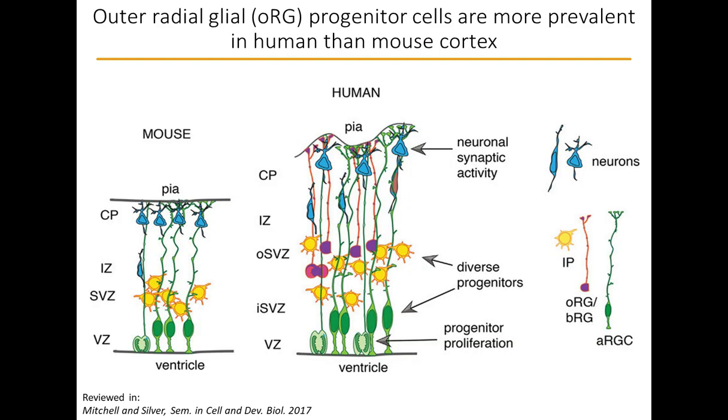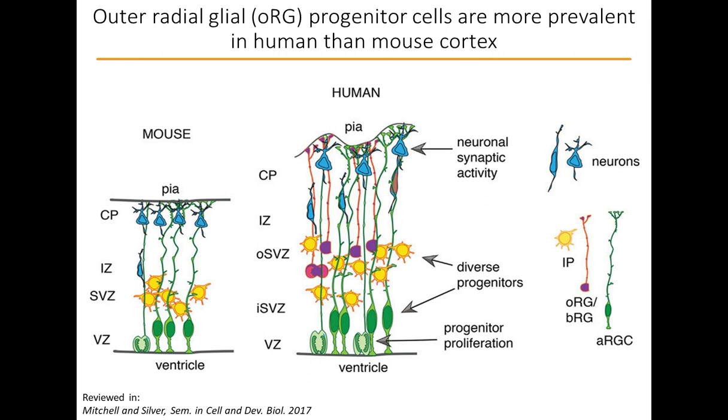This feature develops from a radial unit hypothesis, so neural progenitor cells proliferate and give rise to intermediate progenitor cells, which can transiently amplify and differentiate into neurons that migrate out of the cortical plate to establish and integrate circuits.